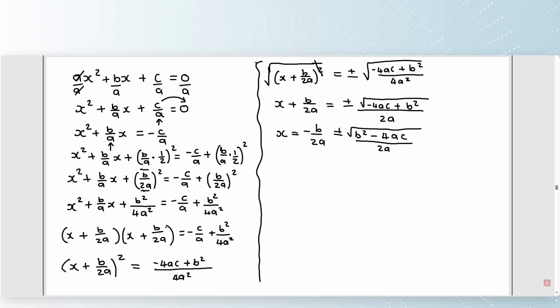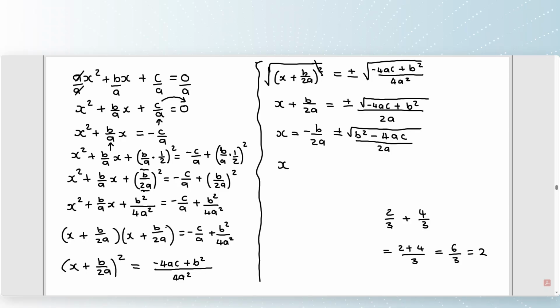Now let's go on. If you have 2 over 3 plus 4 over 3, the denominators are the same. You can just keep that denominator and add the numerators. So that's going to be 6 over 3. That will give you 2. Now we're going to do the same thing here. We have 2a as a denominator, 2a as a denominator.